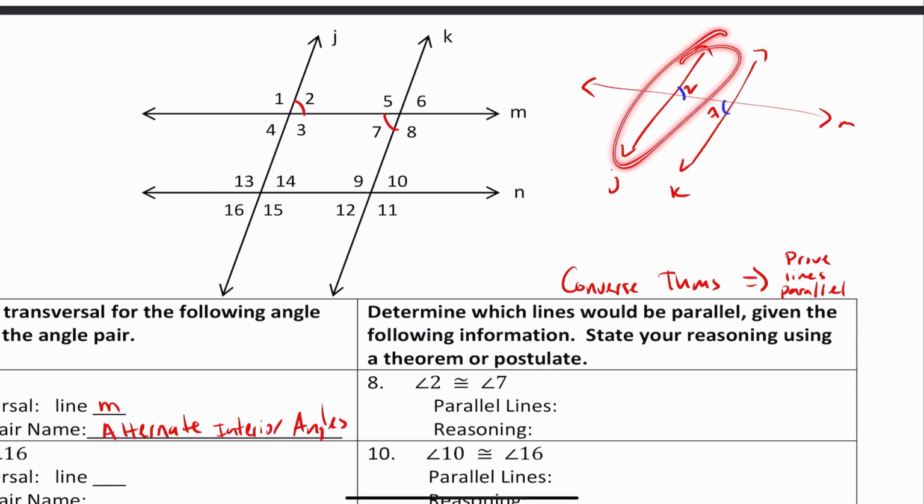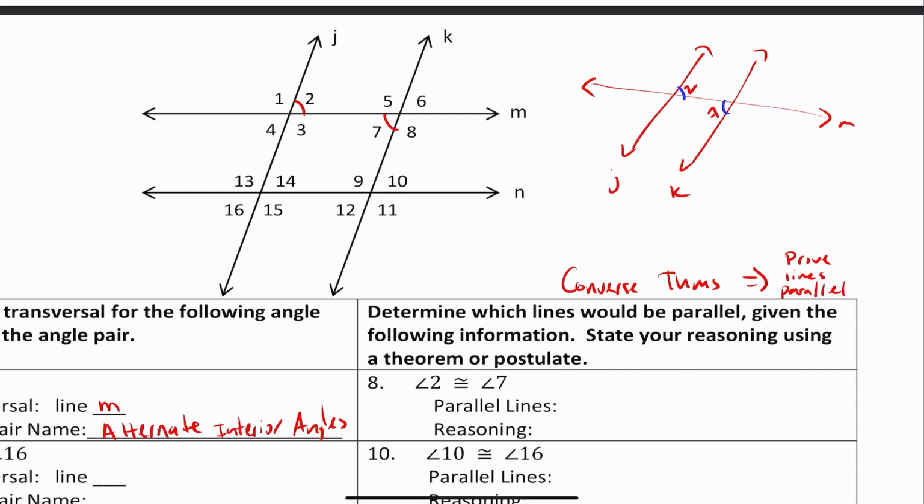We cannot assume that these lines are parallel. So if these angles are congruent and they are alternate interior angles, then by one of the converse theorems, these lines are parallel. We cannot assume from the beginning that they are parallel, right? We have to determine the steps first before we make that judgment.